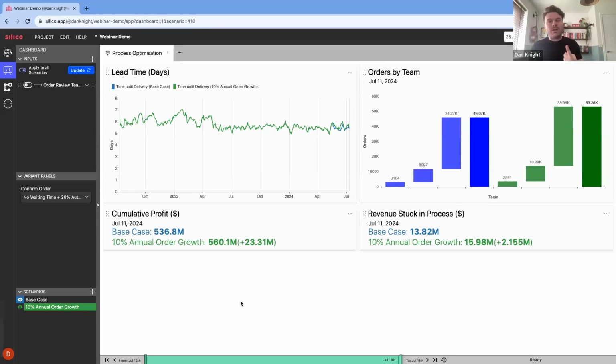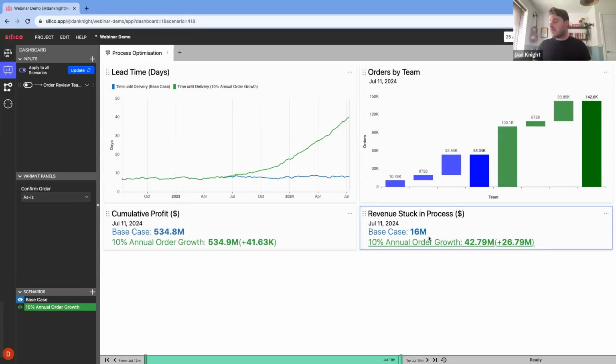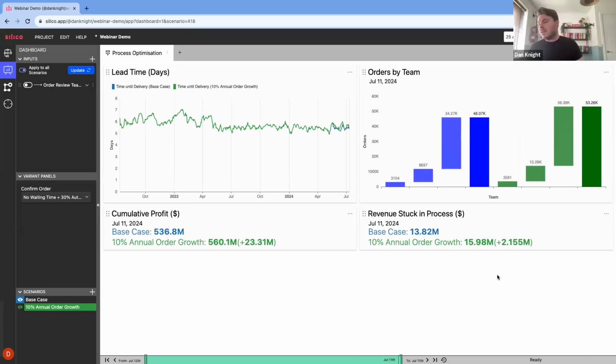Just making one automation step of 30% has unlocked 23 million pounds in the process. And lastly, our revenue stuck in process has gone from 42 million to 15.9 million in the new scenario. So we've managed to unlock almost 30 million there as well that was stuck in the process.